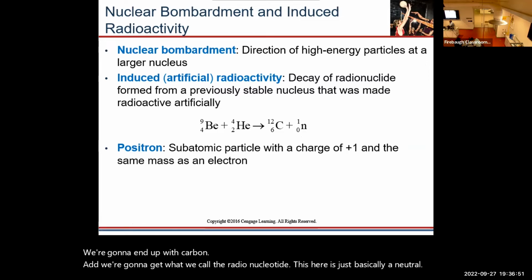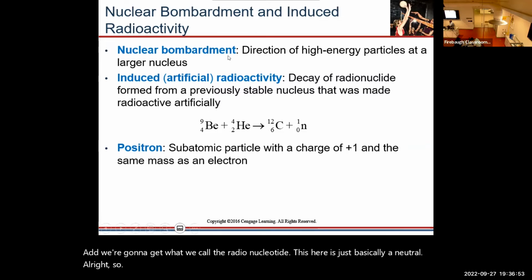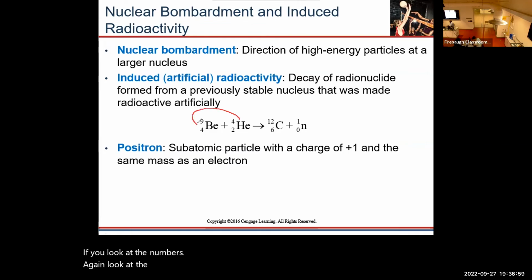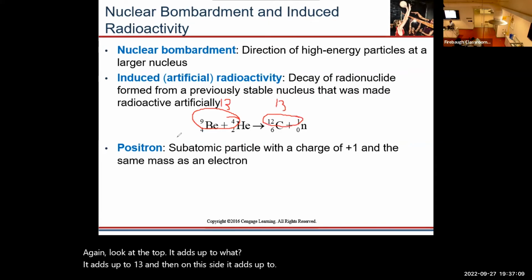Okay, so look at the numbers. At the top, it adds up to 13, and on this side, it also adds up to 13. Then we look at the bottom.